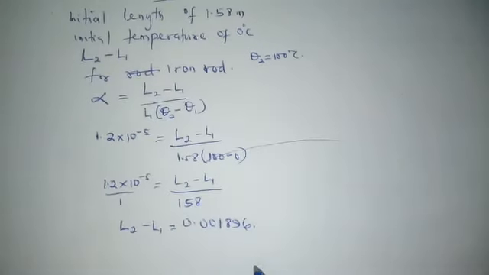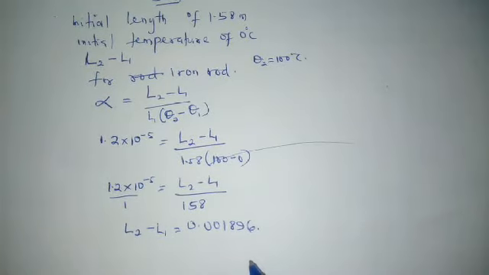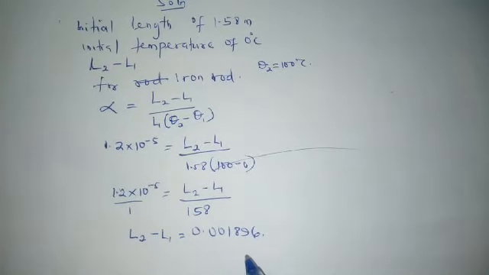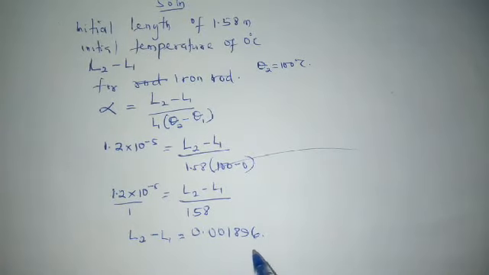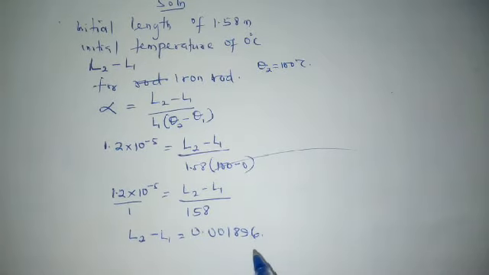Now we are having the difference in the two lengths as 0.001896. Now we can use the difference to calculate the initial length of the brass rod at 0 degrees centigrade.